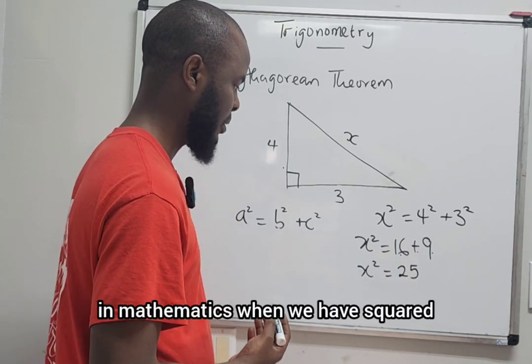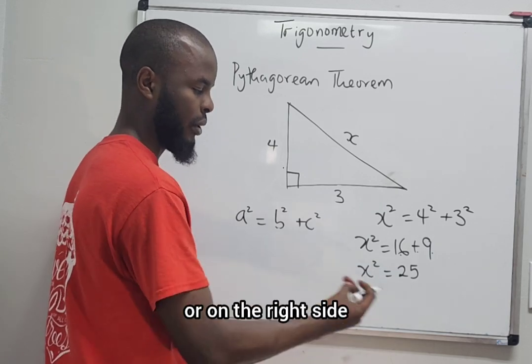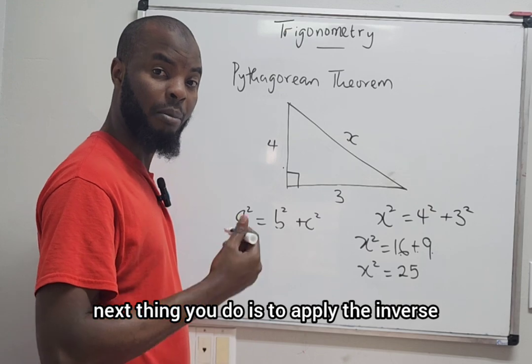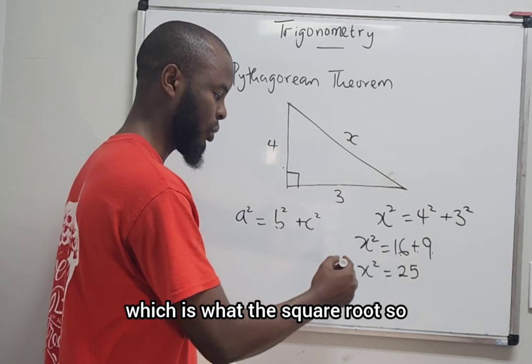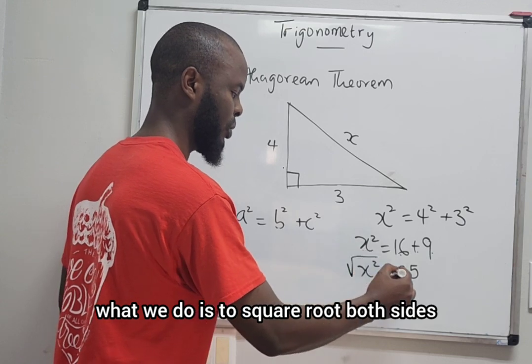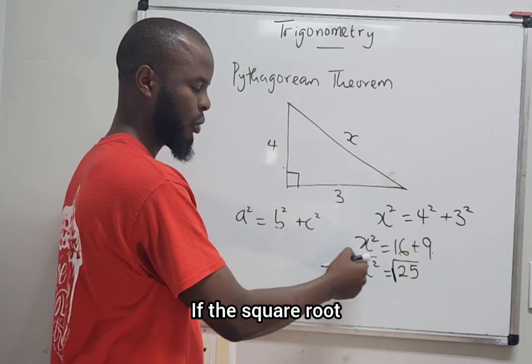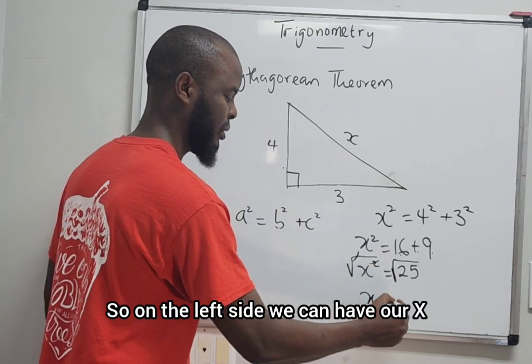In mathematics, when we have squared on the left side or on the right side, and you want to eliminate your square, the next thing you do is to apply the inverse, the opposite side of square, which is what? The square root. So what we do is to square root both sides. If you square root, the square root, we cancel out the square. So on the left side, we can have our x.